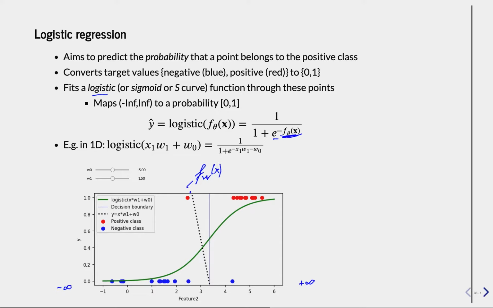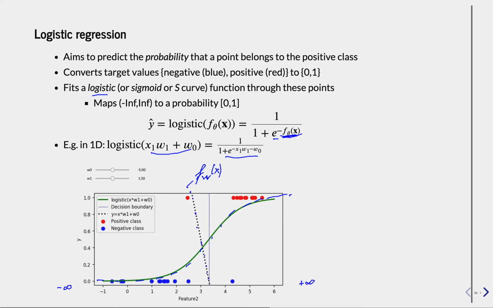So if you would put that in, say that we have a one-dimensional problem, then this is our linear model, and then the logistic function basically looks like this, and this transforms this black line into this green curve. That's a transformation from a linear model to a non-linear model.